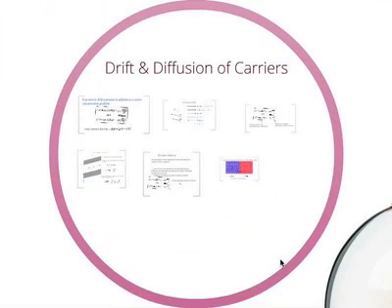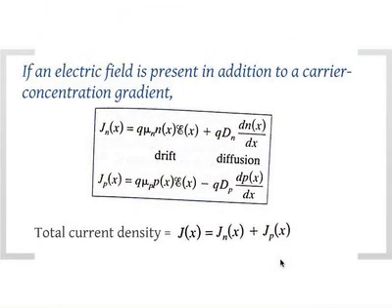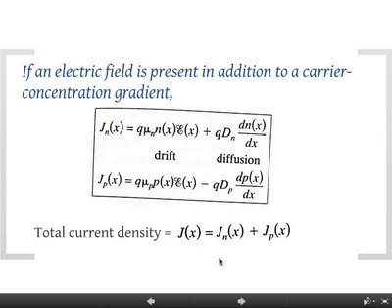Now let's put these together, our understanding of drift and diffusion, and try to calculate the total current, which is of course a goal here, right? If an electric field is present in addition to the carrier concentration gradient, so you have not just a pulse of electrons or holes, but also an electric field, then you have both drift and diffusion. You need to account for both. Then the equations are just added. So the electron current density is given by the drift current, which, as I said before, is proportional to the concentration of electrons.